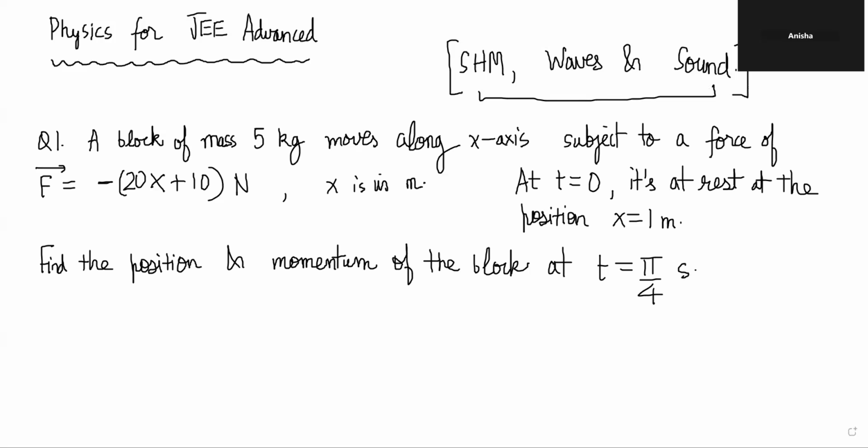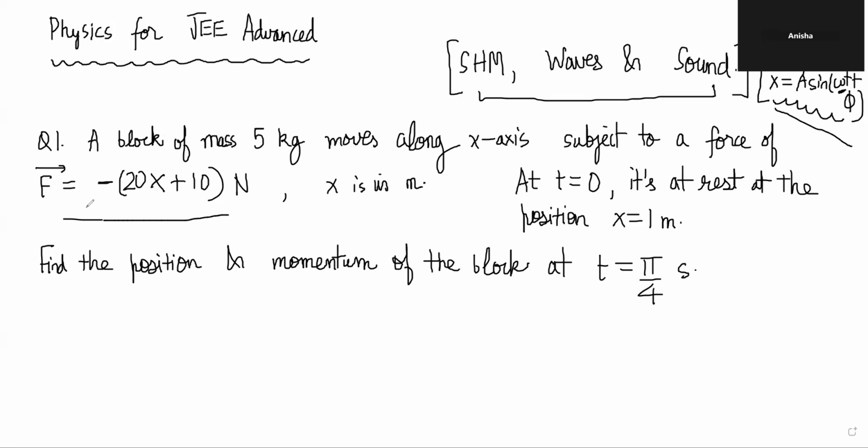If it was like this, x is equal to A sine omega t plus phi, right? That is the solution of the differential equation that will come from here. We can find omega also, root k by m and all, right? So we are going to use that information. We are not going to do everything again and again, right?